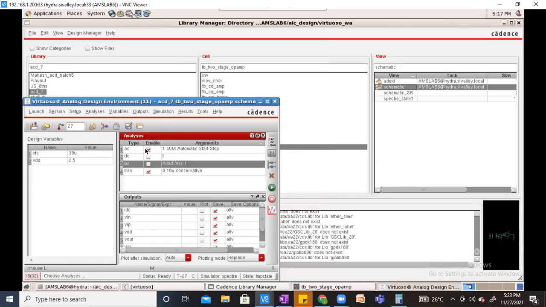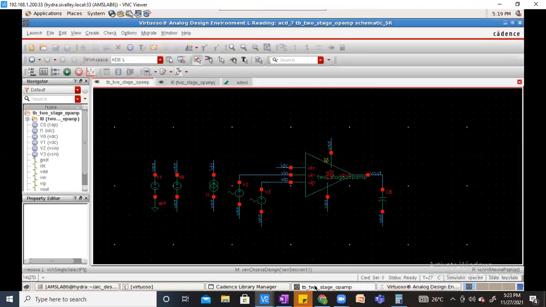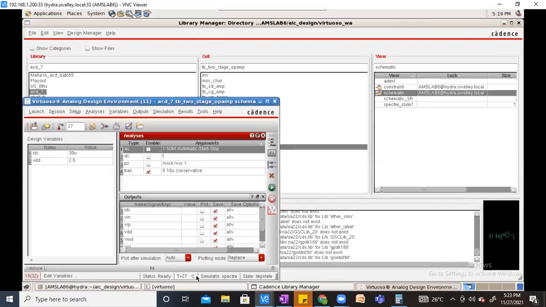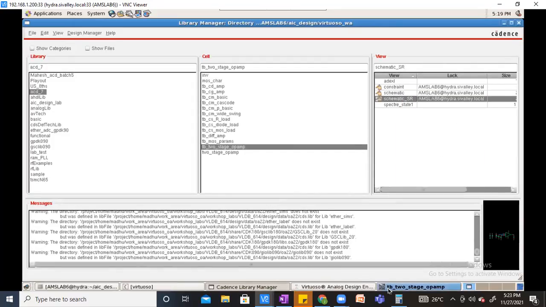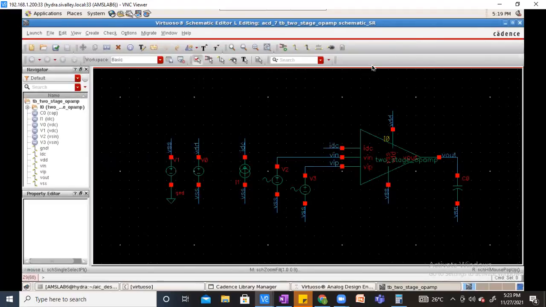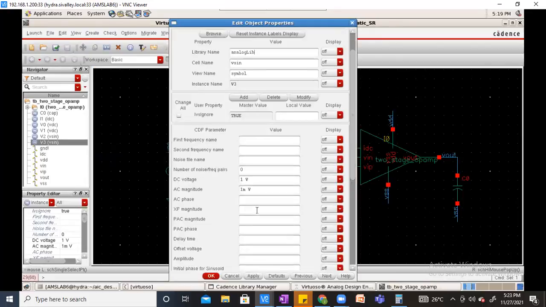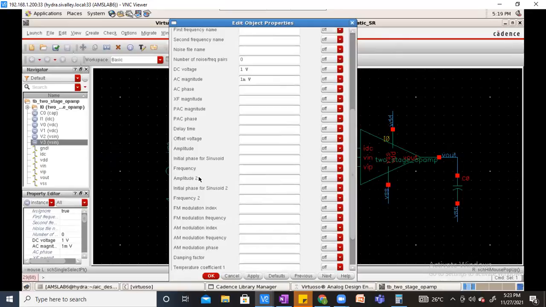Now, frequency, let's say 1 kilohertz I'm using, and amplitude is 1 millivolt.